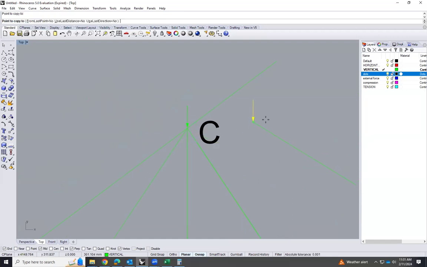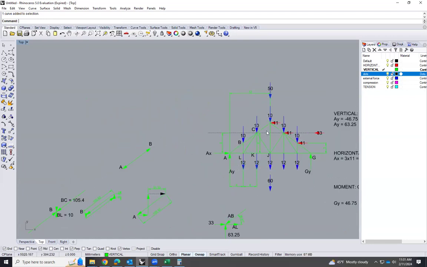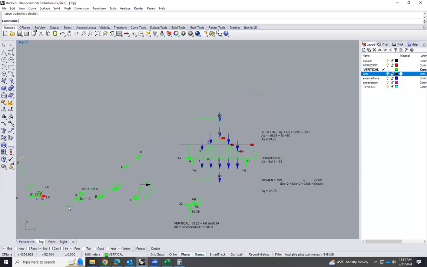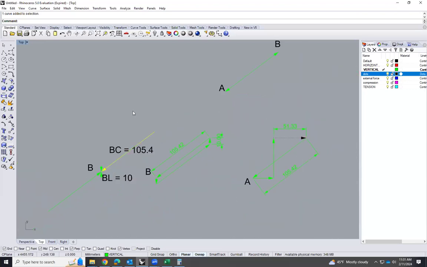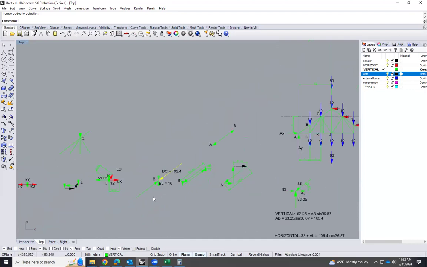Now, the next one is BC. If BC goes in this direction at point B, at point C, it has to go in the other direction.